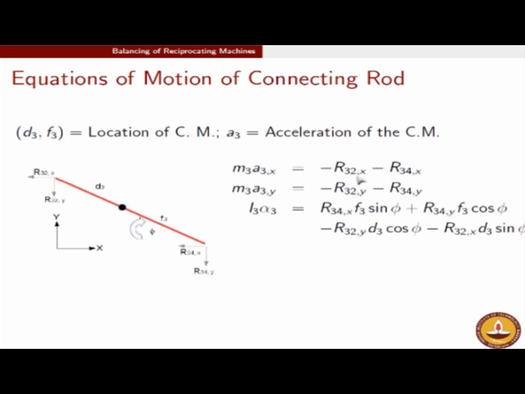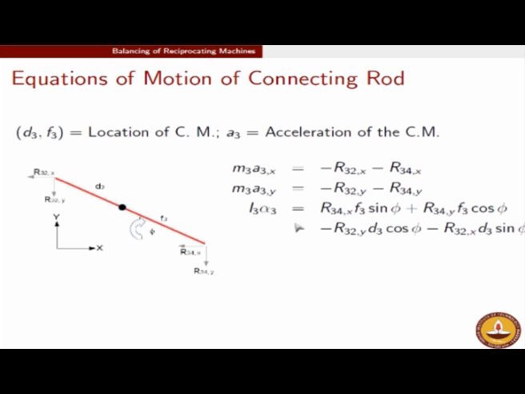So these two forces come with a negative sign, and that should be equal to M3 A3,x. Similarly M3 A3,y, mass times acceleration of the center of mass along the y direction, should be the sum total of all the forces along the y direction. So that is R34,y and R32,y, but both have directions opposite to the y direction that we have chosen. So this comes with a negative sign.